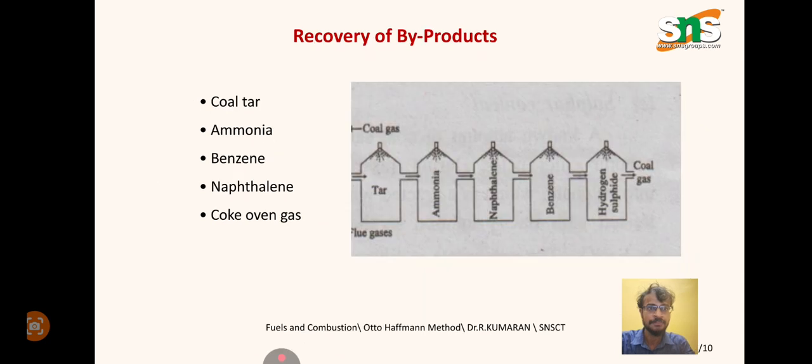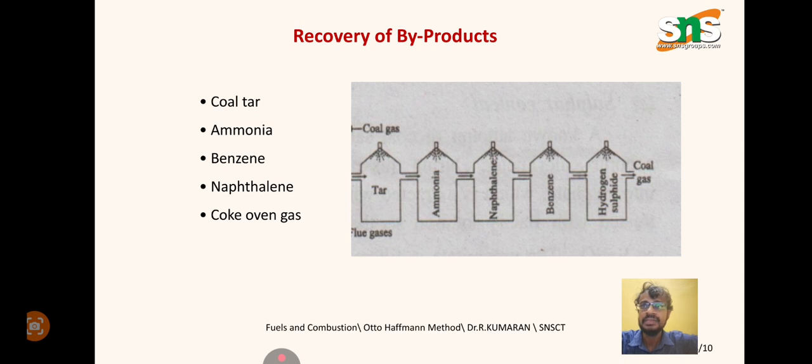So these are some of the recovered byproducts. Generally, coal tar, ammonia, naphthalene, benzene, and coke oven gas. These are some of the main byproducts used here.